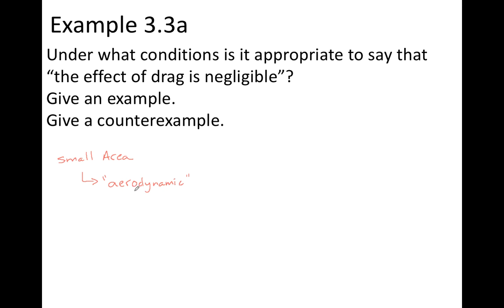Aerodynamic objects are designed so that when they move through the air, the way that they're moving through the air doesn't have a big area, and so aerodynamic objects like an arrow or a dart have a small cross-sectional area. The other kind of object is just a small object. A small object, just because of its size, tends to have a small area. The other factor that affects the effect of air resistance is the mass of an object.